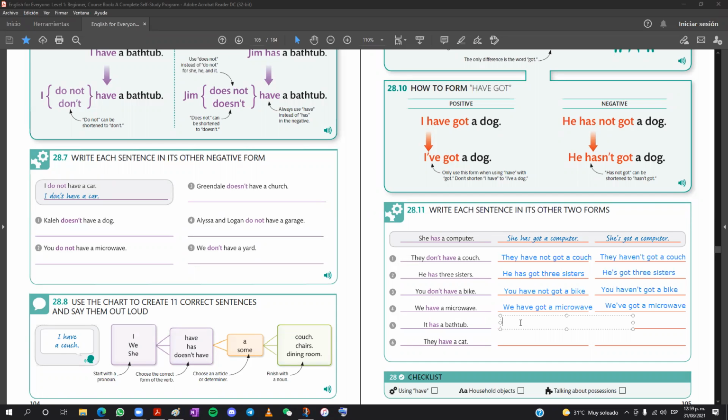It has got a bathtub. Ajá. ¿Y esta? Adelante la forma en contracción, Mara. Sería it's got a bathtub. Ah, muy bien. Sí, creo que sí.